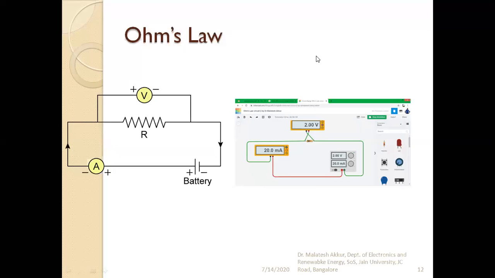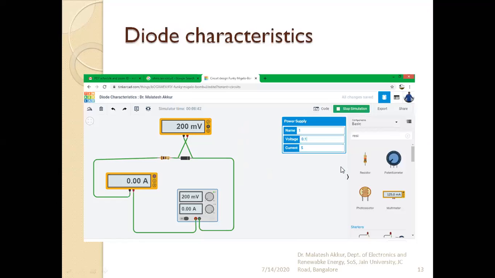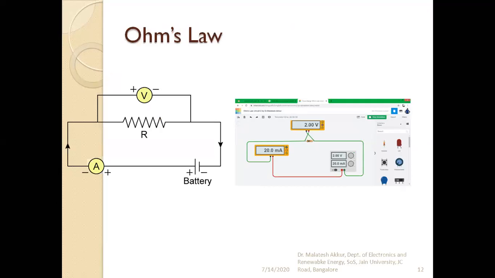This is the simple circuit for those who were not there yesterday. This is Ohm's law, and this is the Tinkercad circuit diagram. This is a power supply, so we try to vary the voltage in the RPS, and note the current in the milliammeter and the voltage across the resistor.